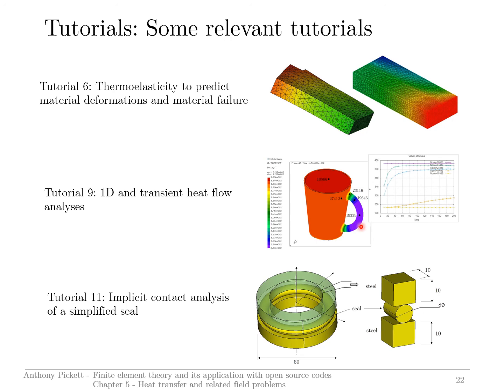The last example is this contact problem between 2 metal rings and a rubber seal. This does involve temperature, and it also shows an example where in the contact you can have heat exchange between the different parts.